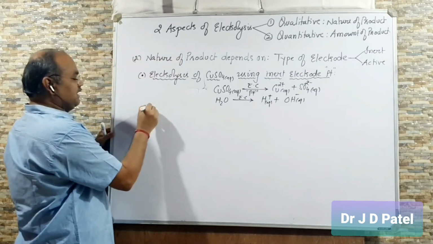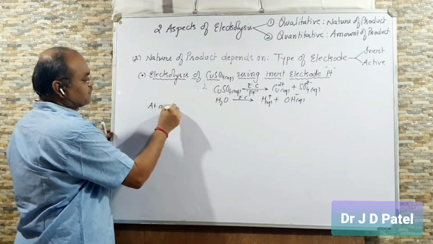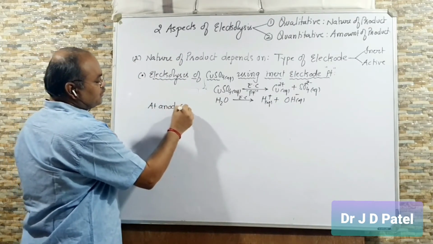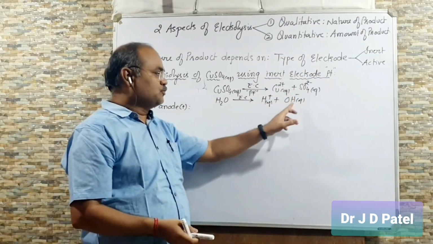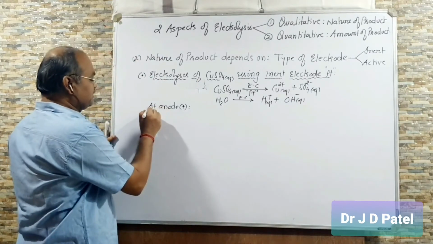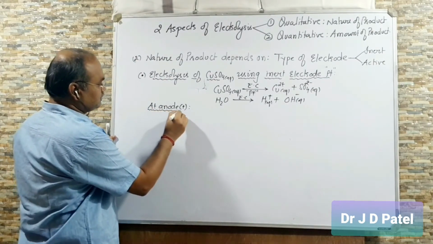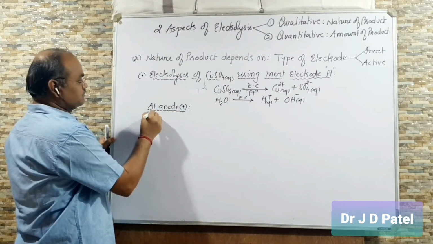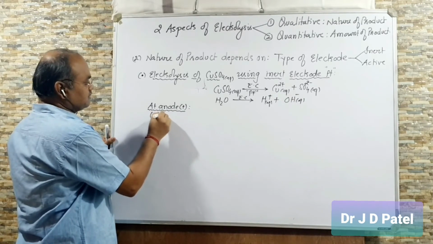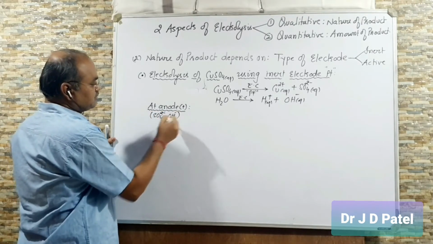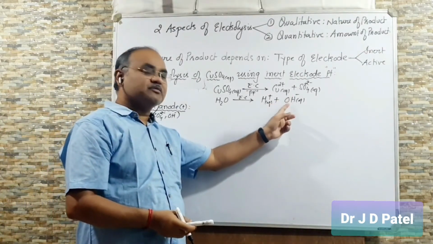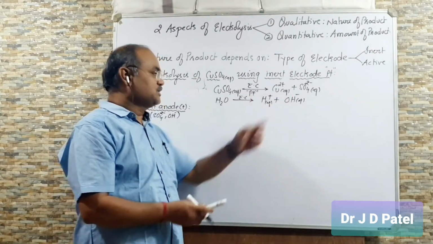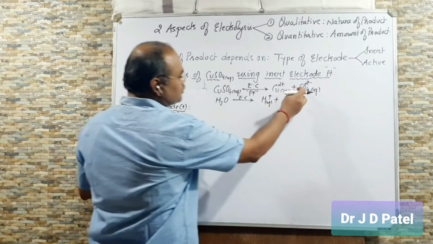Now what will happen? At anode, anode positive, right? At positive electrode, SO4 2 minus and OH minus both will be attracted. Both will be attracted, but only OH minus undergoes oxidation. Why not SO4 2 minus?